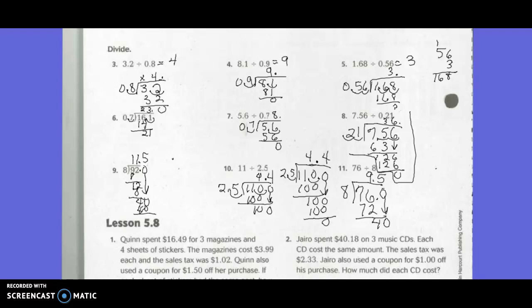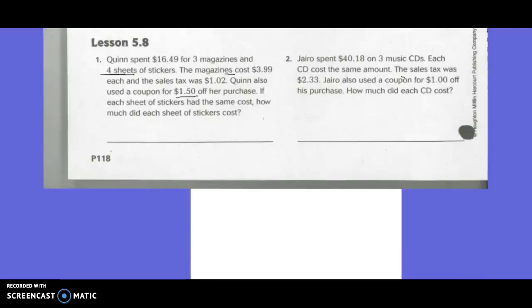Okay, this is the problem solving that we used yesterday using the backwards method. So we're going to start with what we want to know. It says Quinn spent $16.49 for 3 magazines and 4 sheets of stickers.